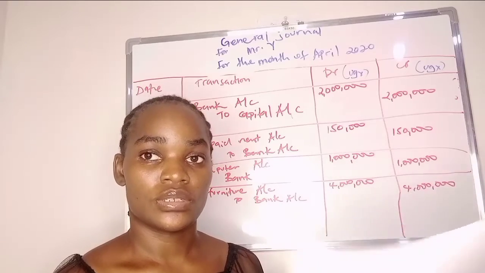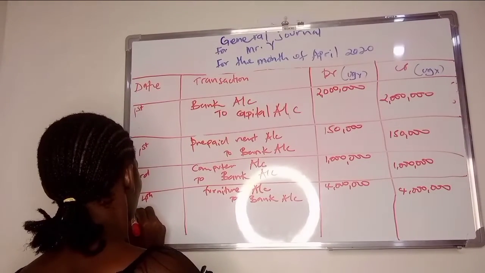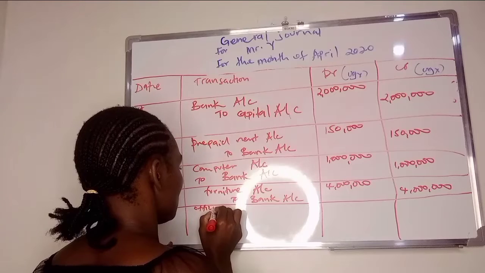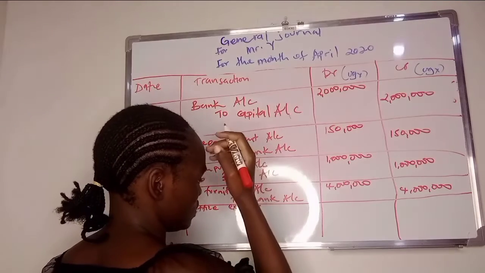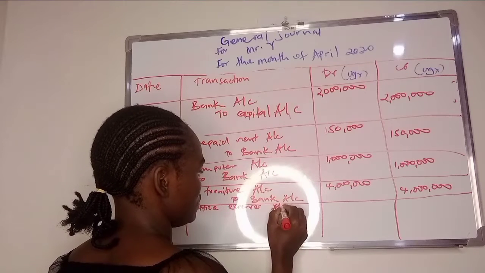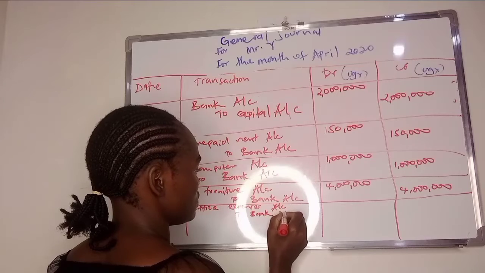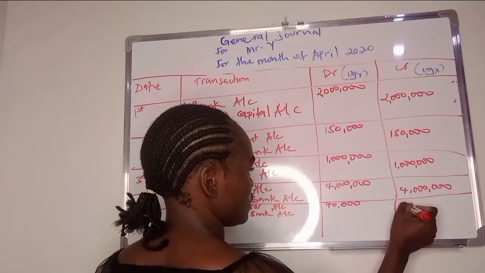So bank is reducing, so we shall debit the expenses account, then credit bank account, 70, then 70.